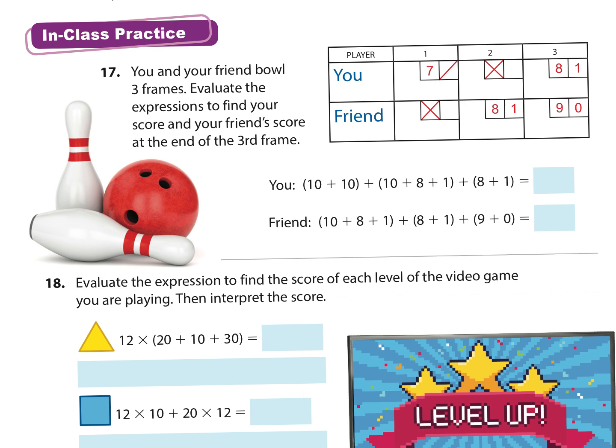Okay, so here we go. We're looking at the you part, right here. So you are going to do 10 plus 10, which is 20. Then 10 plus 8 plus 1, which is 19.